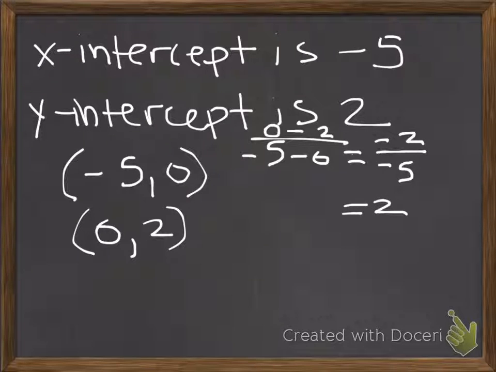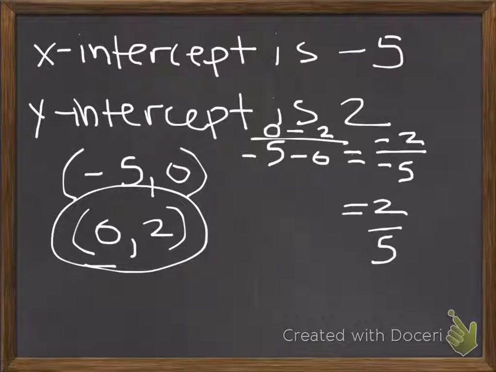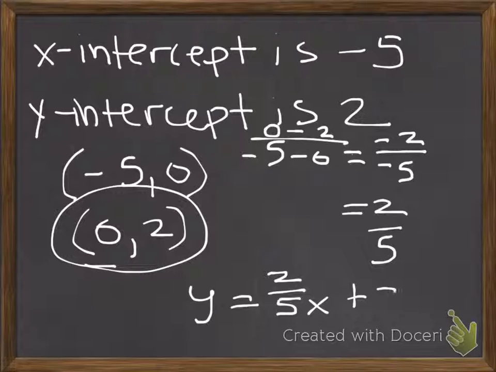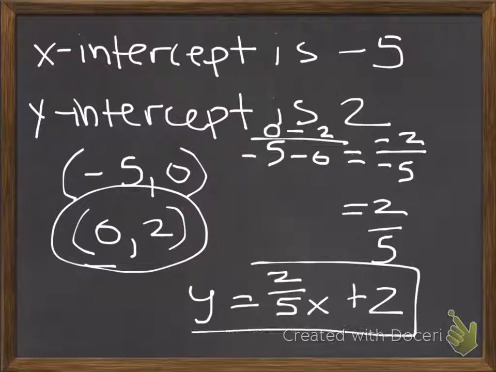Which is positive 2/5, and then I'm given my y-intercept, which is my b value, so I'm going to plug that in for b. And that would be my equation.